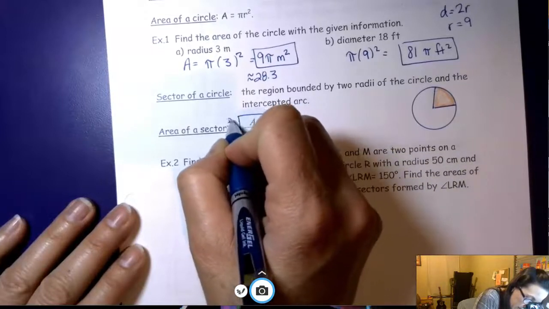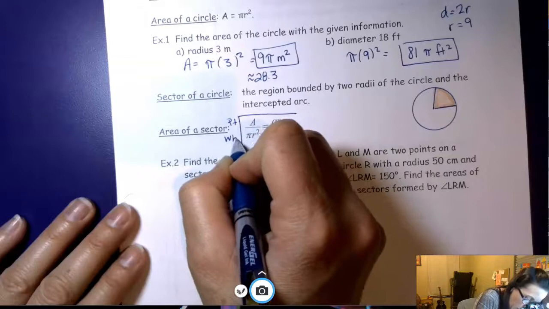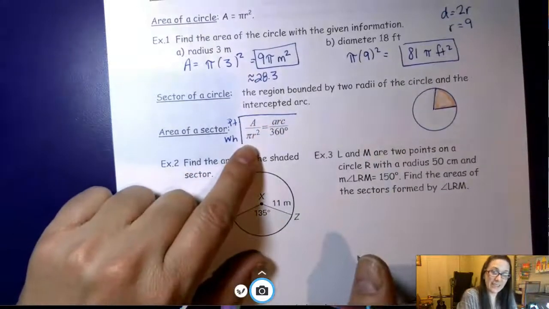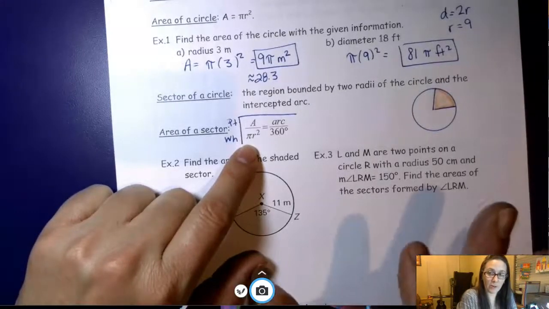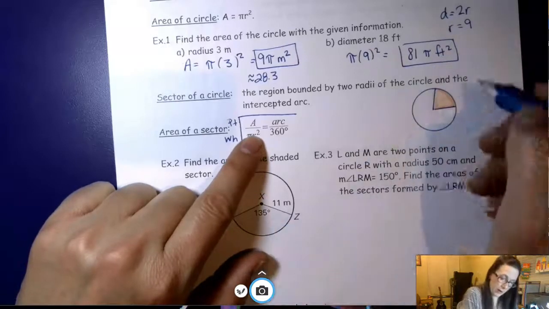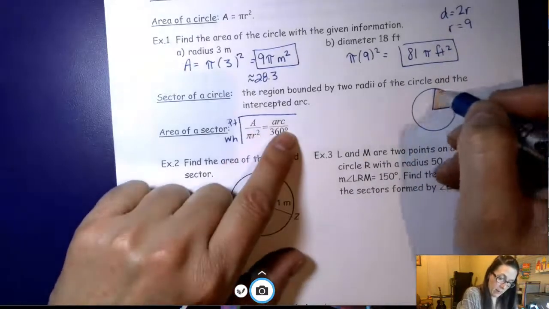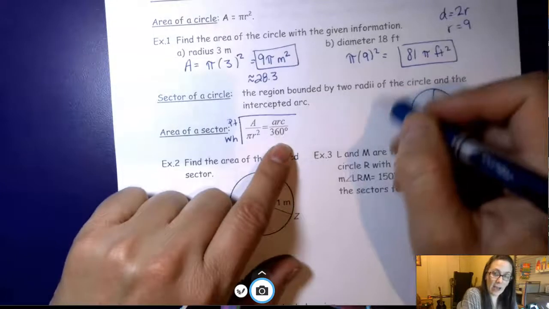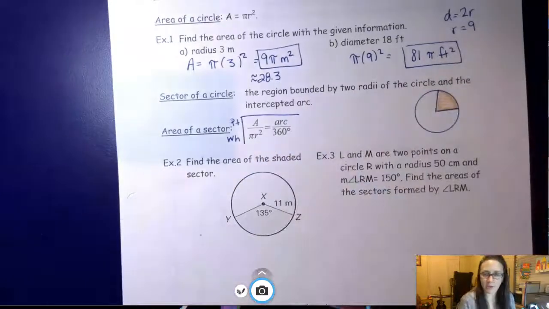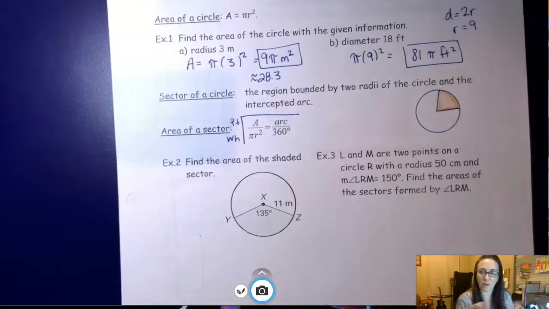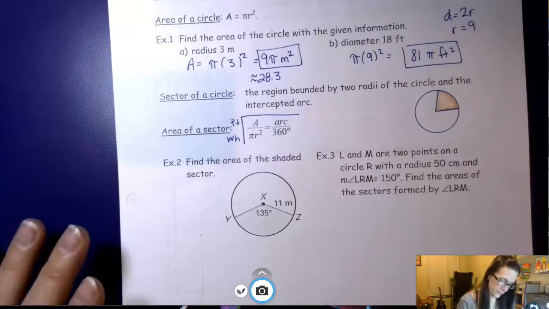The part over the whole. So that is the entire area of a circle, pi r squared. The part of the area is A, the part of the arc up top, and the entire degree of the circle on bottom. Every time it's the same, whether you're talking about area or circumference, same setup.